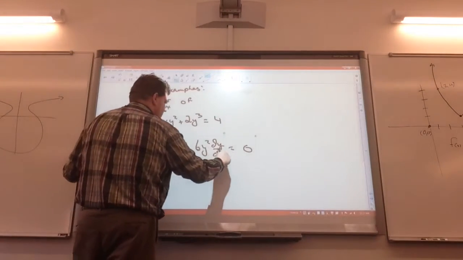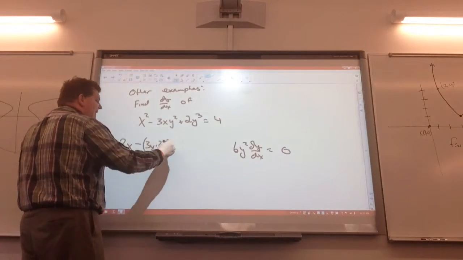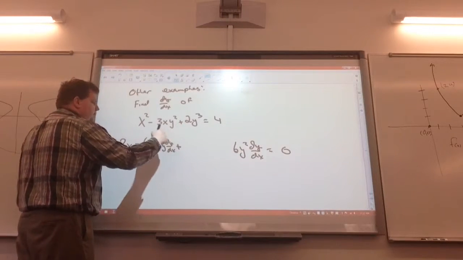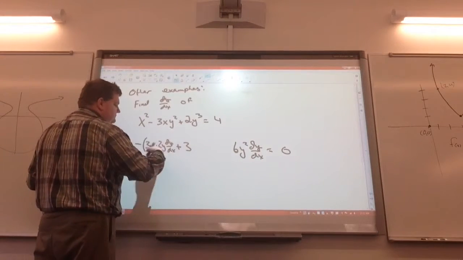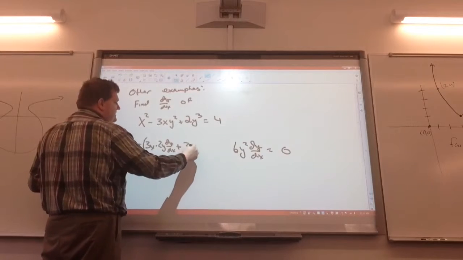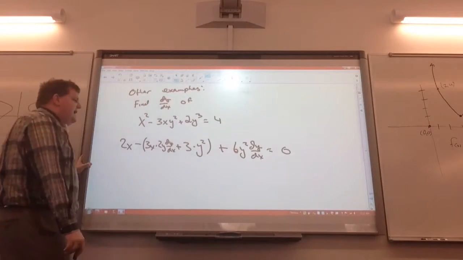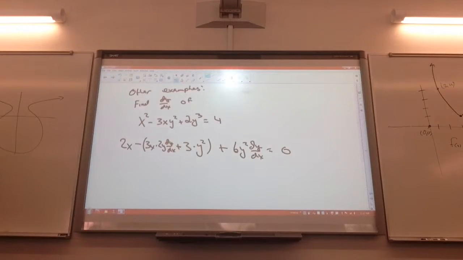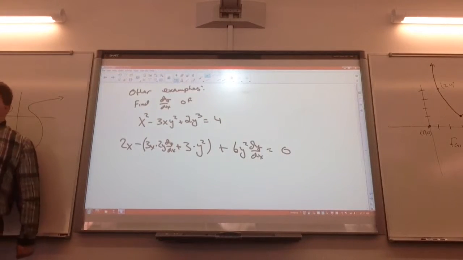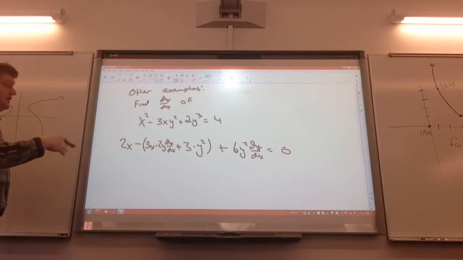And then we add the derivative of the first thing, which is 3, times the second thing kept the same, y squared. And so that's what it comes out to be.